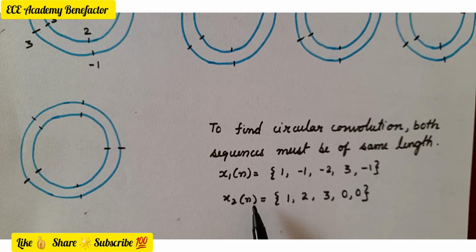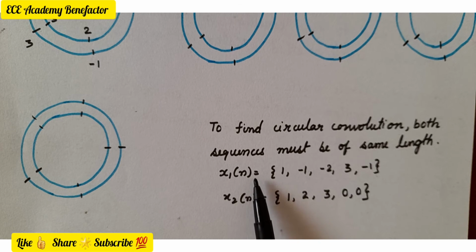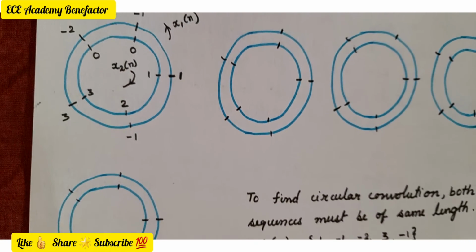The second sequence has only 1, 2, 3, so its length is only 3. So we have to append 2 zeros to make its length 5, so that x1 of n and x2 of n are of the same length. After making both sequences the same length, we start the concentric circle procedure.